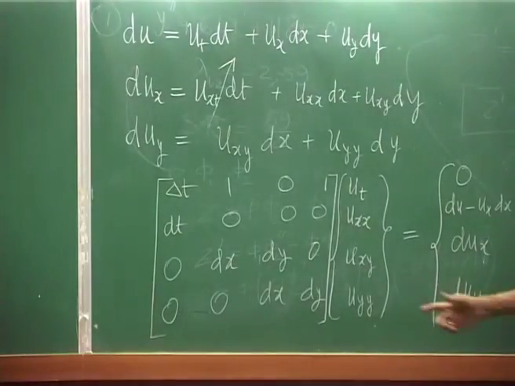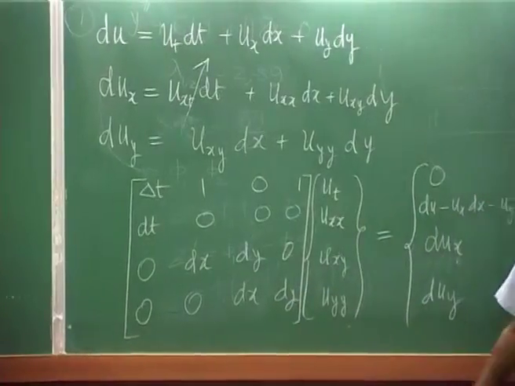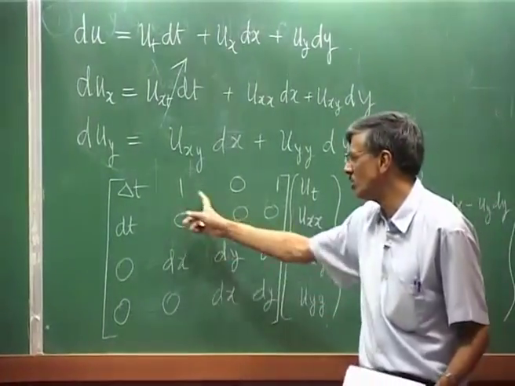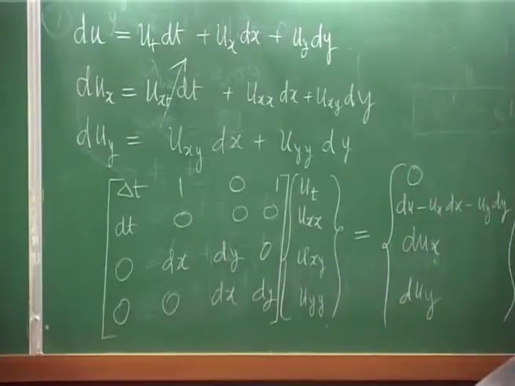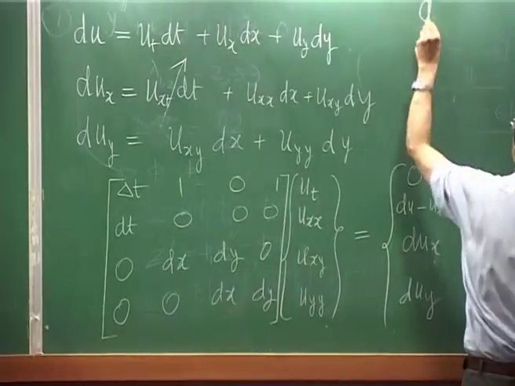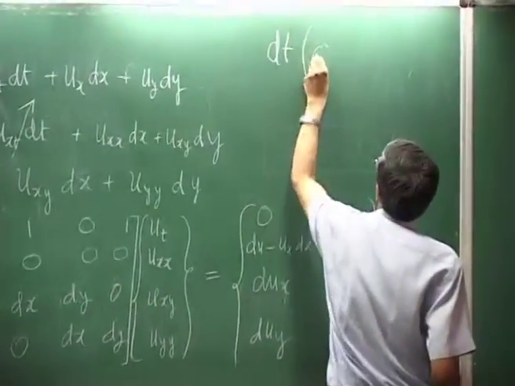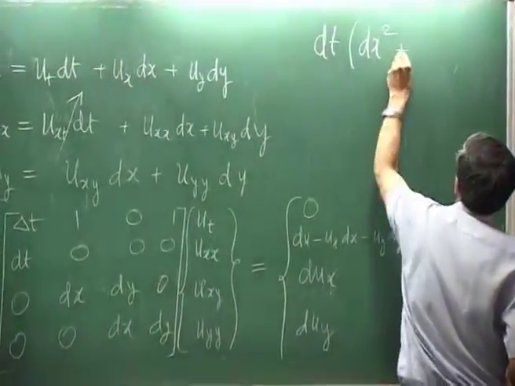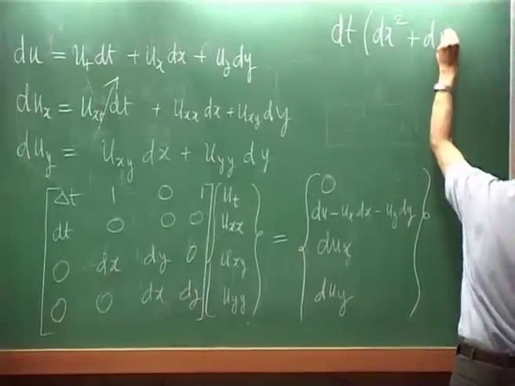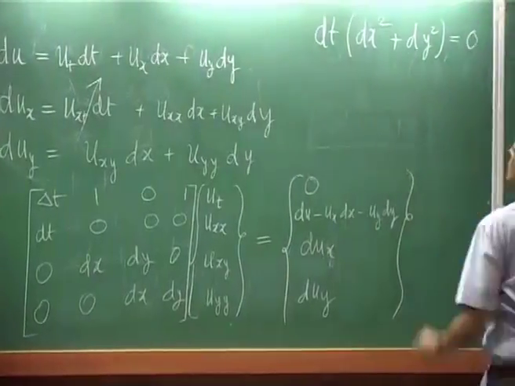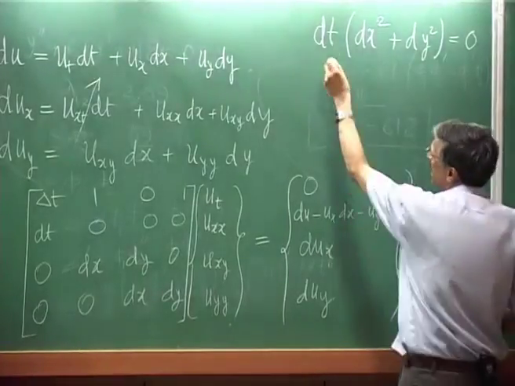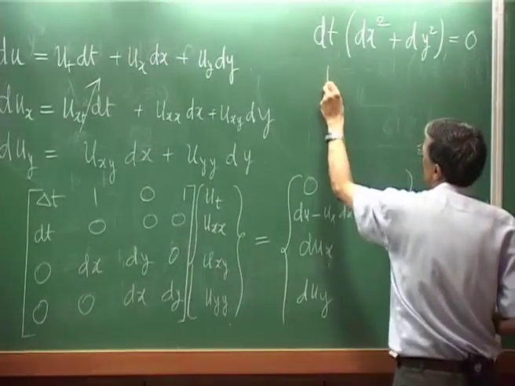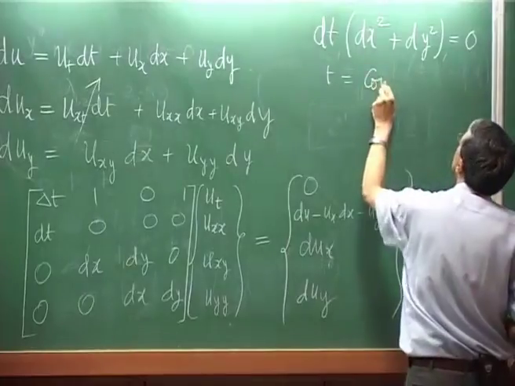Now the rest is very easy, right. All you have to do is take the determinant of this, put it equal to 0, and what you are going to get is this. Of course, one of the characteristics is dt equal to 0, meaning t equal to constant.